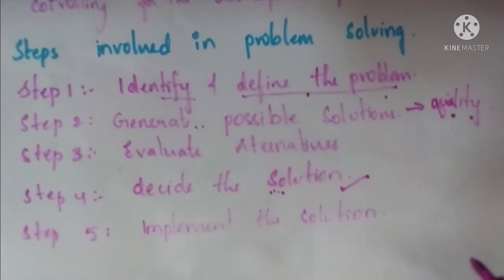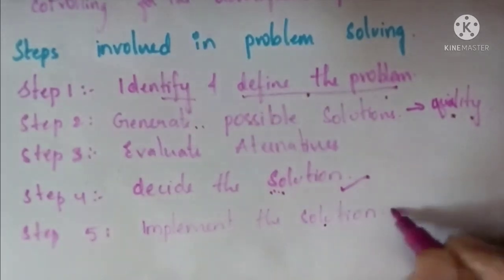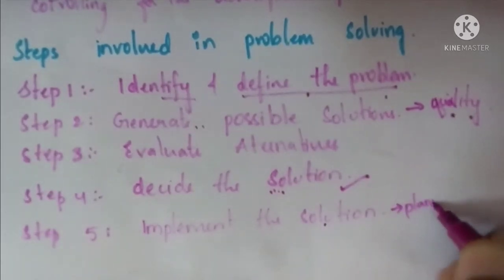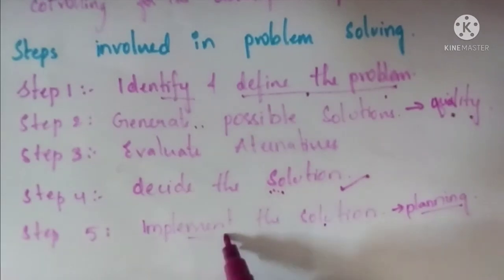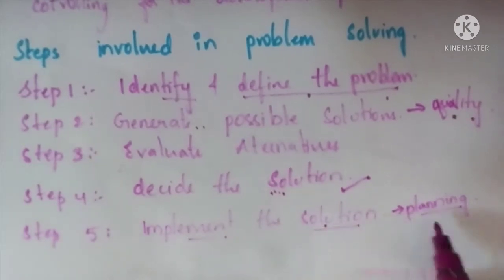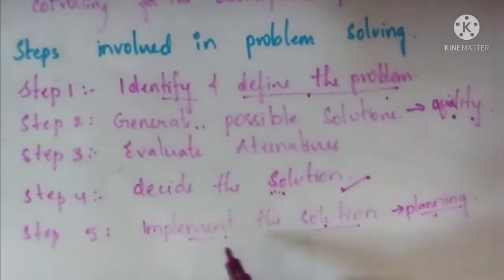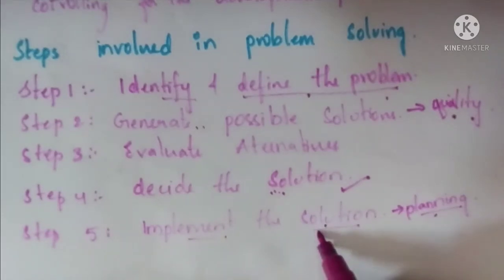How do we implement the solution? By planning only. Without planning we can't do any implementation of the solution. So planning is a must for any solution to be implemented.